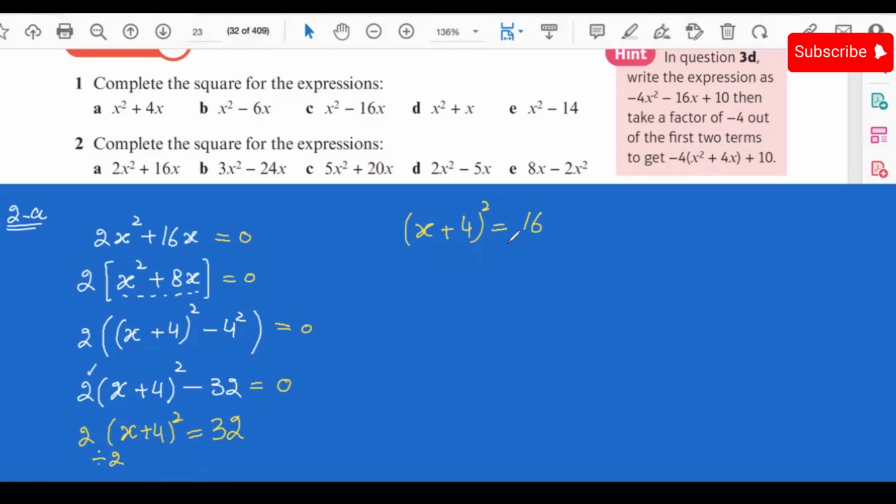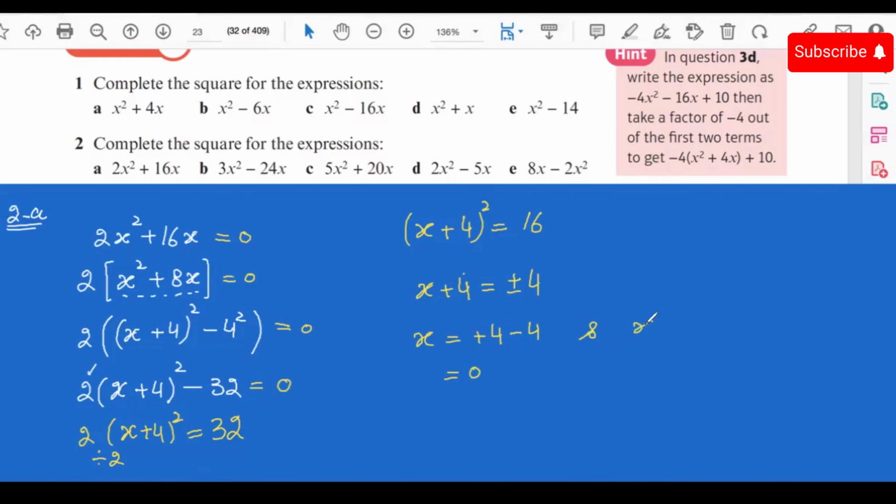Now we are going to take the square root to remove the square. So we have x plus 4 is equal to the square root of 16, which is plus minus 4. So our roots are: x is equal to positive 4 minus 4, the answer will be 0.